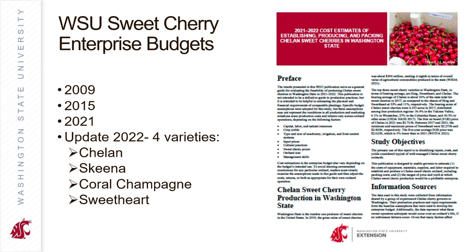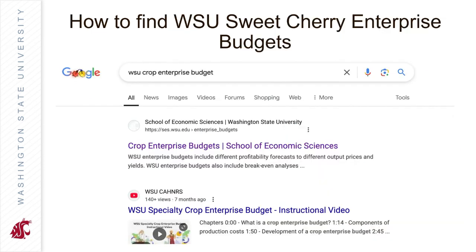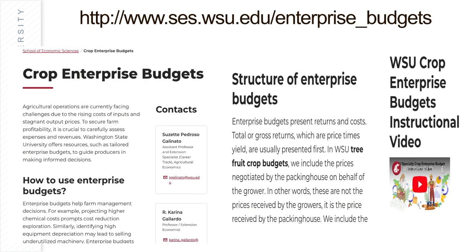How do you find these studies? So you type WSU Crop Enterprise Budget in Google, and you will find this Crop Enterprise Budget, the School of Economic Sciences. You click on that, and then you will find a page that looks like that. Now, the page looks different from before. We have added some information because we have been hearing from folks saying, hey, we don't understand what you mean by this. How do we use that? This number really confuses me.